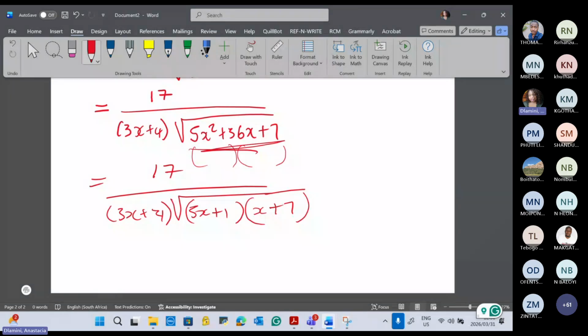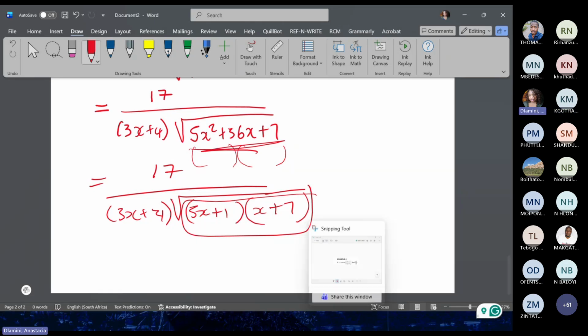Guys, can you use the method that I showed you to factorize and see if you get this? 5x squared plus 36x plus 7. Do you remember it? It's worth a shot.